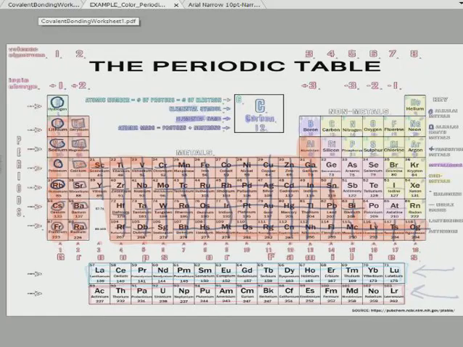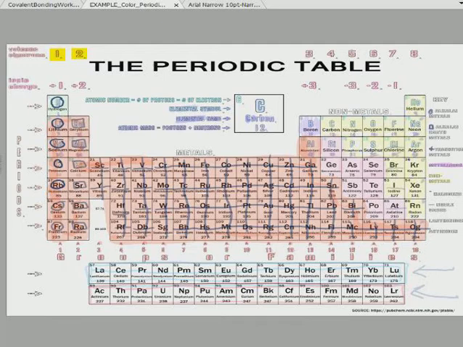Hold on a second. I had to get to the handy dandy periodic table, and the valence electrons that we refer to are in groups 1 and 2.